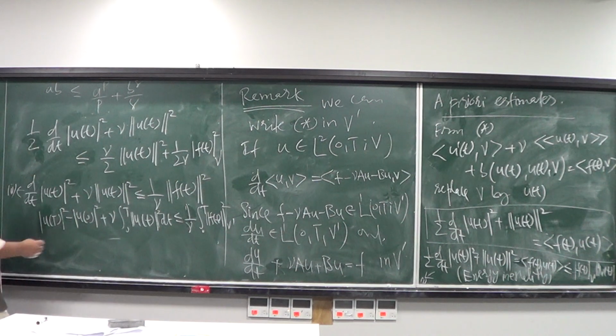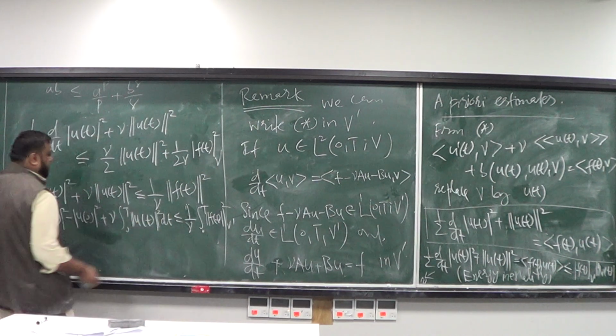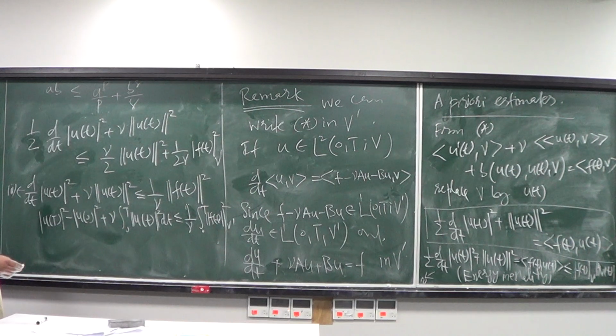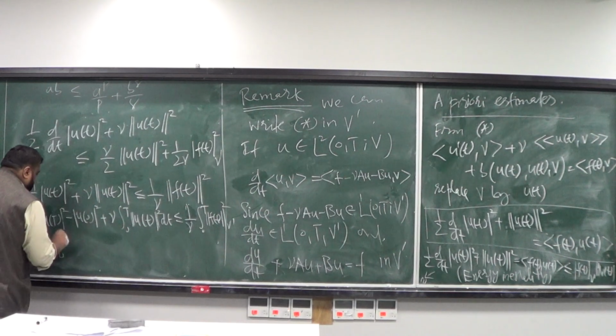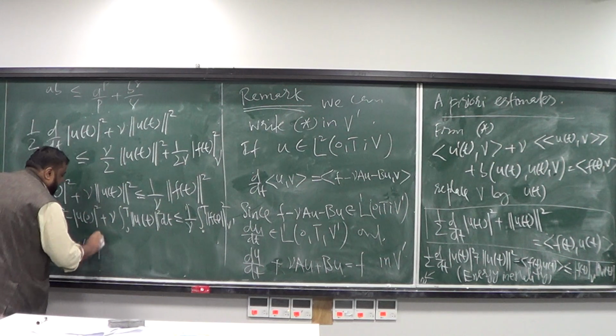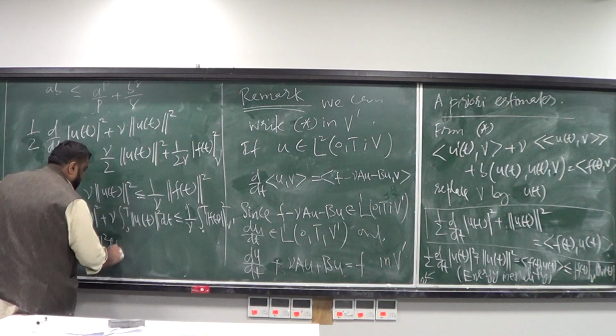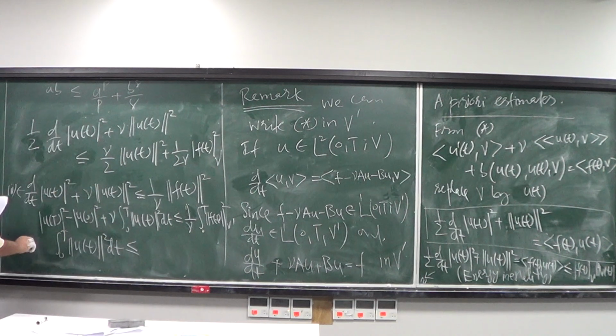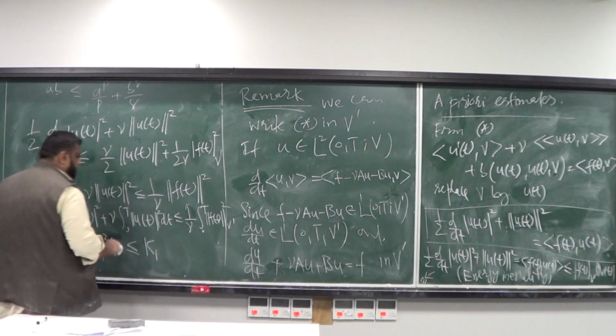I can send everything to the other side and rewrite this inequality as the integral from 0 to t of ‖u(t)‖² dt, which is less than or equal to a constant k1.